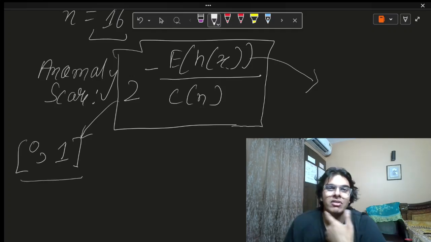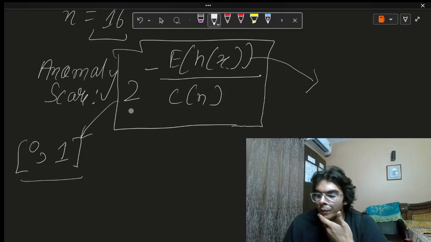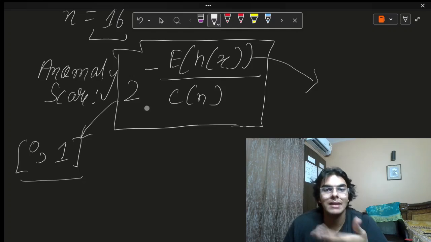And anything between 0 and 1 is very interpretable. Close to 0 will be a low value, close to 1 will be a high value. So these values are taken in the power of 2 to squash them, to make them easier to interpret. That is the reason.